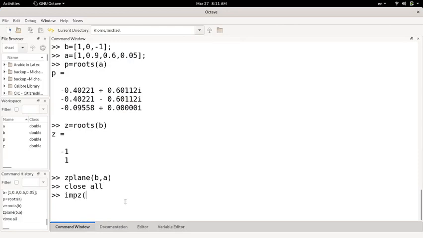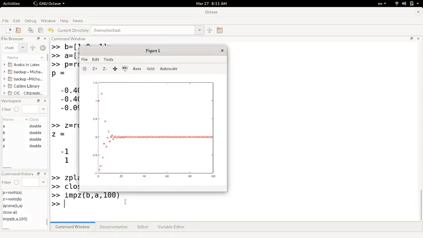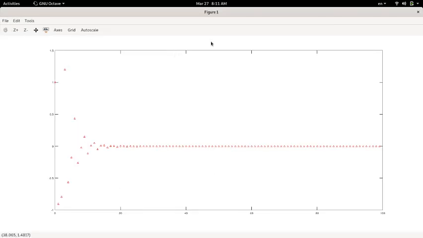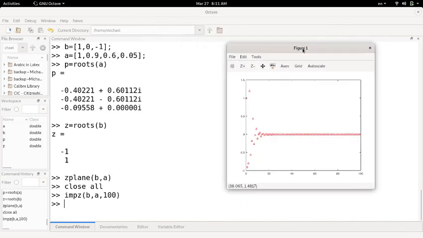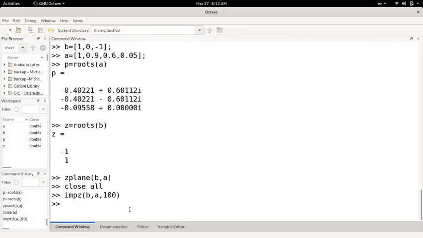Let's go back here and try to see how it goes. impz of B, A and 100 samples. So now we will be having our impulse response. As you can see over here, it's not that clear, so maybe we can do a different thing. We can say h equals impz of B and A and 100. This will give you the first 100 samples and put them in the variable h.